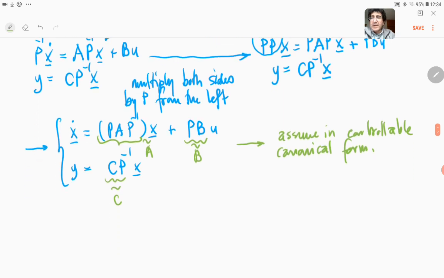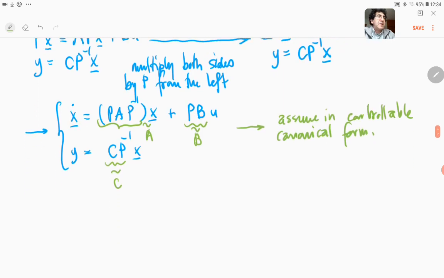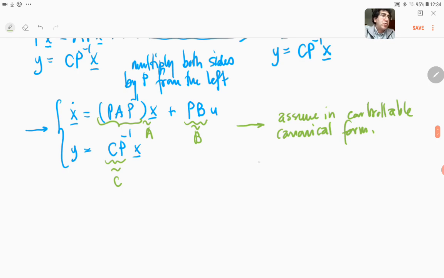Now let's see what is the new controllability matrix.